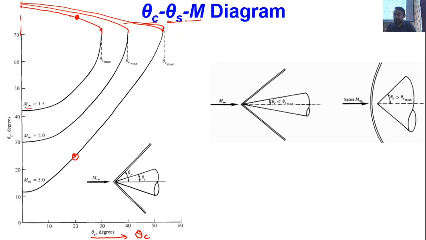It means only up to this angle will my Taylor-Maccoll formulation be applicable. Above this, the Taylor-Maccoll formulation will not be applicable. When the cone angle theta c is less than theta c max for a given Mach number, the shock wave will be attached. Once theta c is greater than theta c max, my shock wave will be detached, even for conical flow. Is this point clear?